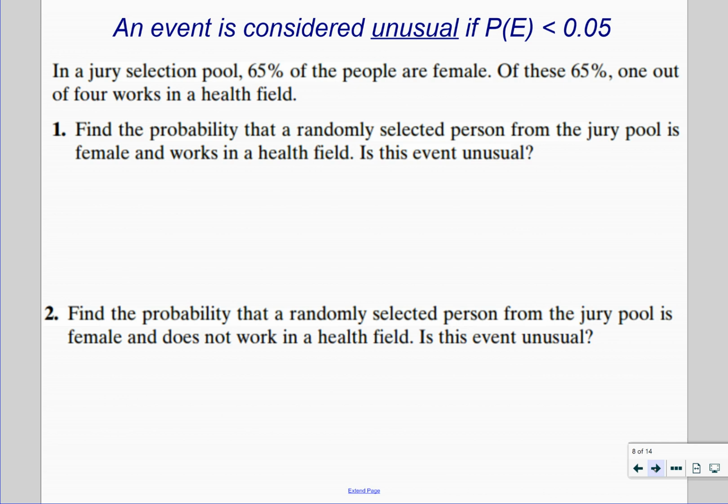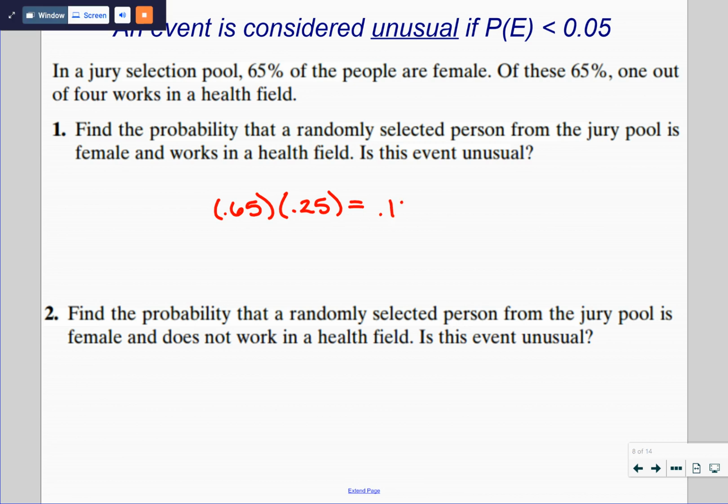The probability that the person selected is female is 0.65, and the probability that they work in the healthcare field is 1 out of 4, 0.25. Multiply them together, I get 0.1625. Is that probability unusual? No, it's not less than 5%.